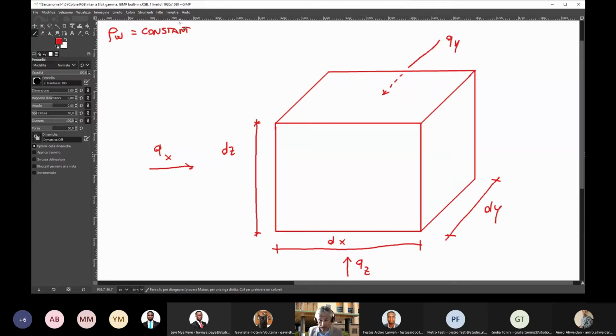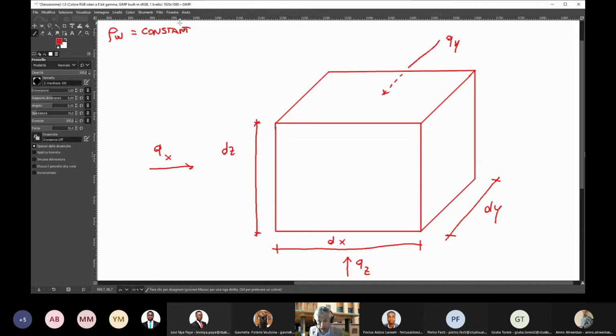And the second assumption is that there are no sources of water mass in the control volume. So we have water flowing in and out from the control volume, but we don't have sources of water. And this is another assumption that we make. Okay, very good.